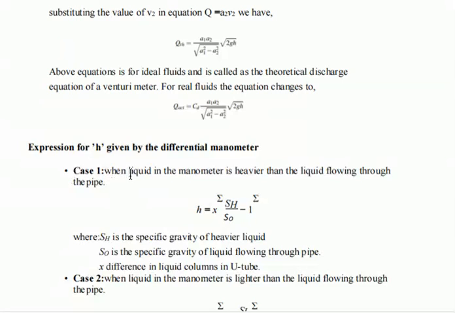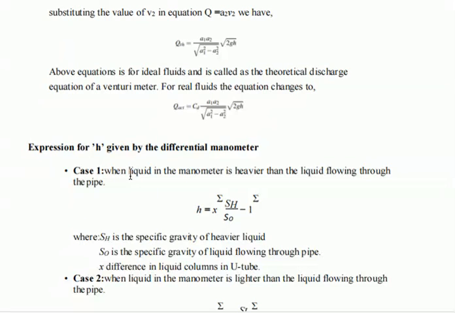Usually in a differential manometer we have a fluid, and the liquid in the manometer is heavier than the liquid flowing through the pipe. Suppose water is flowing inside the pipe, then we use mercury as the liquid in the manometer.